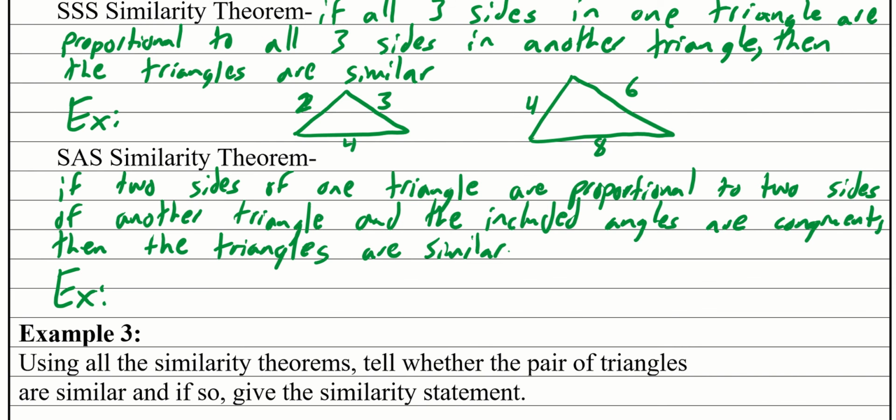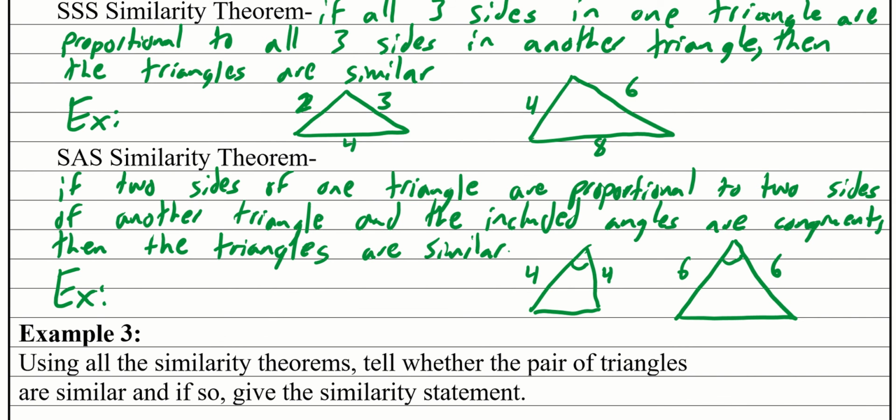So for example, you have a couple of triangles, let's say these are isosceles, let's say this is 4, 4, and then one congruent angle. The other triangle would need the same kind of thing, except the sides are just going to have to be proportional. So let's say they're both 6 and 6, and again, the angle in between them would have to be congruent. This would be an example of the side, angle, side similarity theorem.